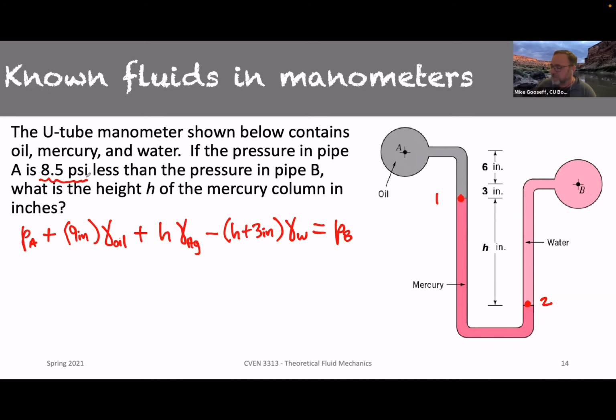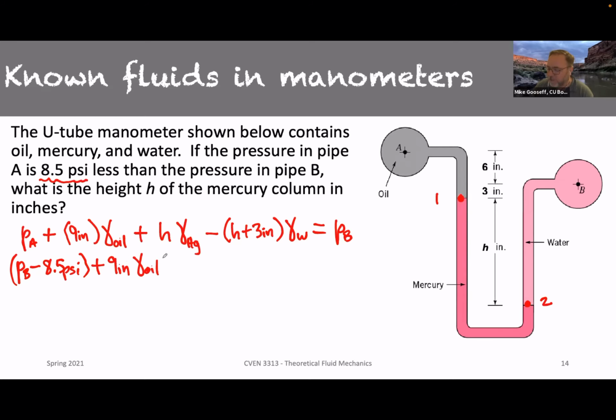This difference, the pressure in pipe A, is 8.5 less than the pressure in B. So one thing we could do is just say PB minus 8.5 psi is now what we refer to as PA, and we can work through this. I'll note that we've got this 9 inches times gamma oil again.